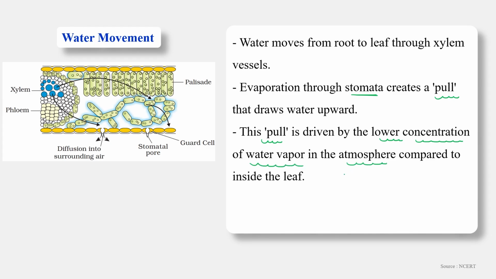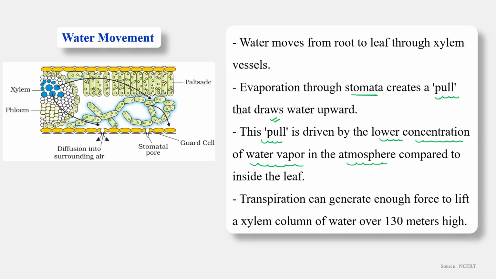As I just said, as compared to the water content inside the leaf, the atmosphere has a lower concentration, so water very quickly moves from inside the leaf to the outside atmosphere, and this is known as pull. Means water moves due to lower concentration of water vapor in the atmosphere as compared to inside the leaf. This is known as transpiration pull.